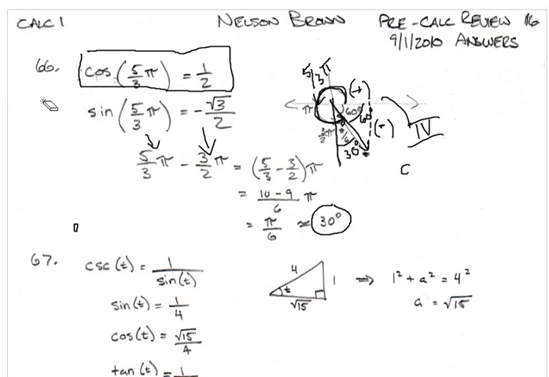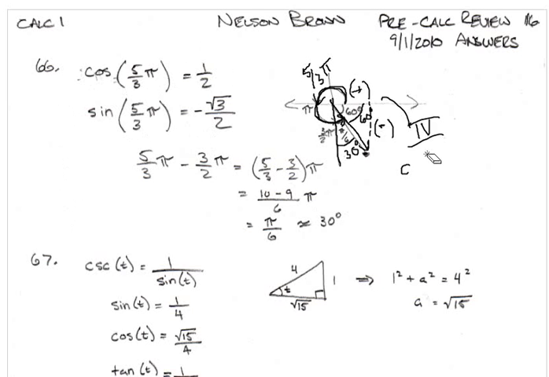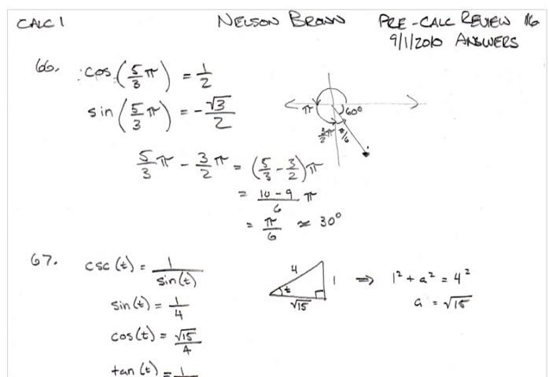To give you an easy way of memorizing the values of sine and cosine in the first quadrant, you can draw a little table. You can say 0, 30, 45, 60, and 90.